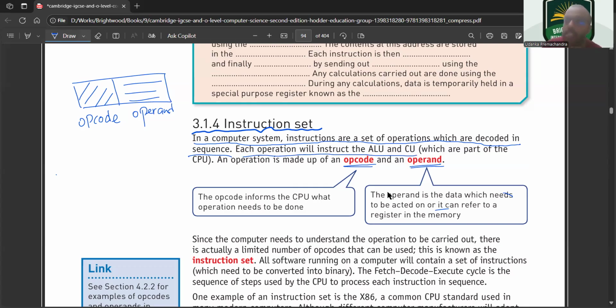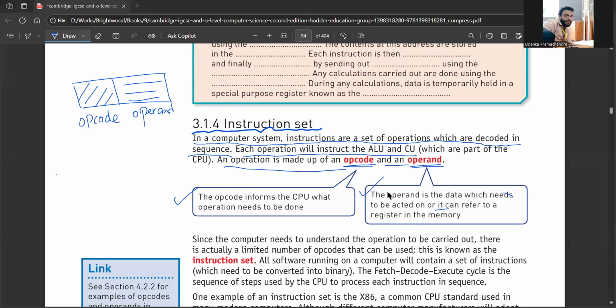In the CPU there are the arithmetic and logical unit and the control unit, and all of them are instructed by that. So an operation is made up of the opcode and the operands. That is the main thing. Can you write down these two also? Please write it here.